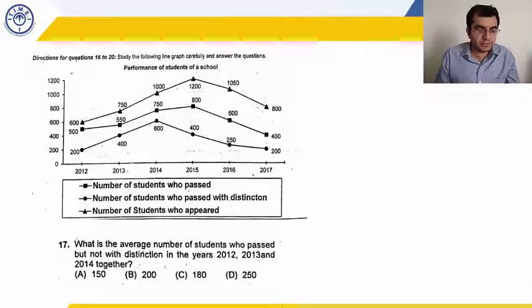What is the average number of students who passed but not with distinction in 2012, 13, 14 together? Take 30 seconds.